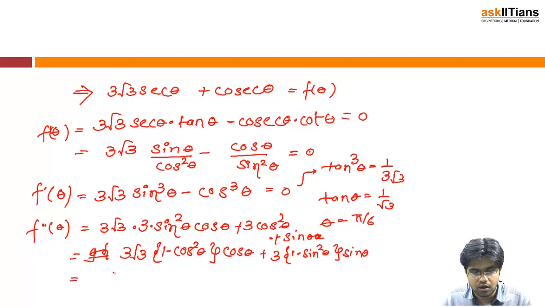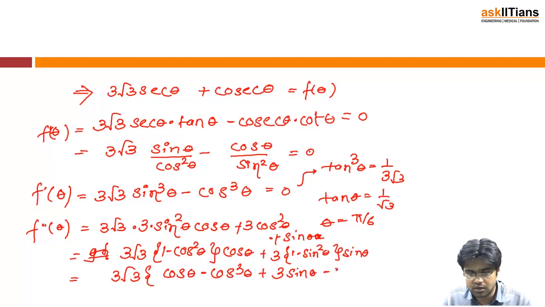Now if I take all these things common, that means 3 root 3 cos theta minus cos cube theta. Similarly, this is 3 sin theta minus 3 sin cube theta.